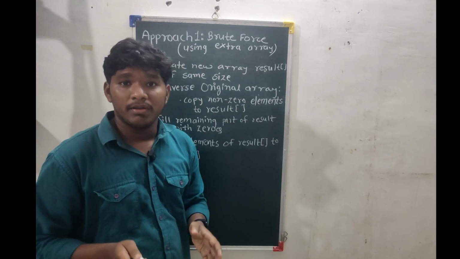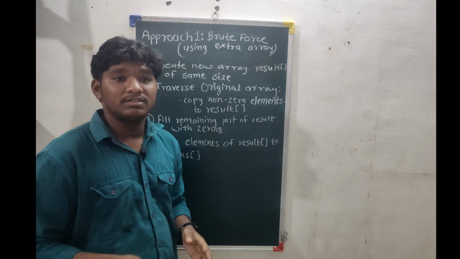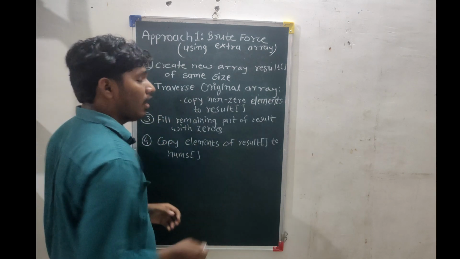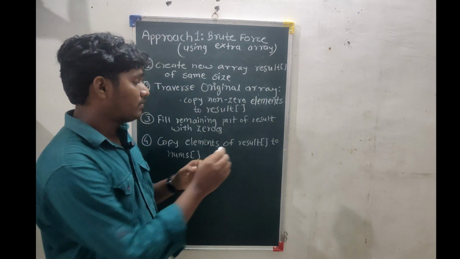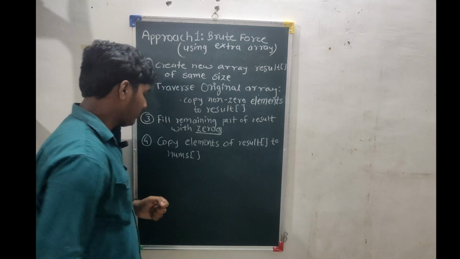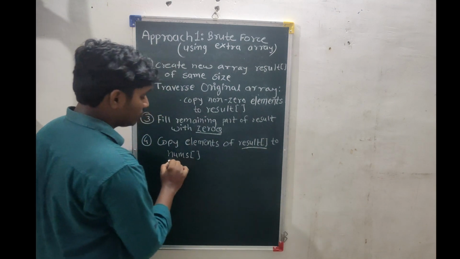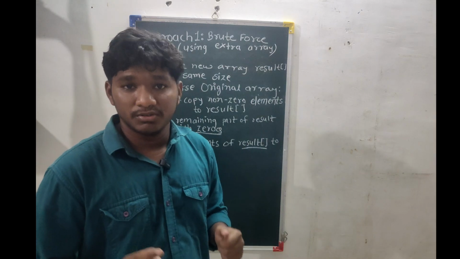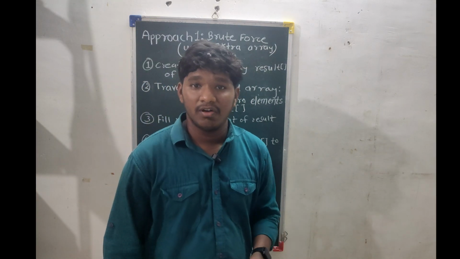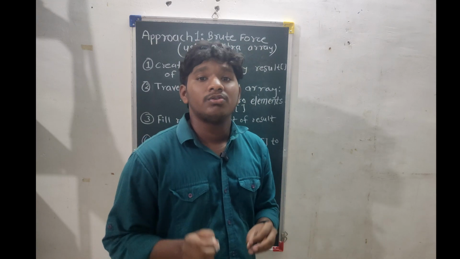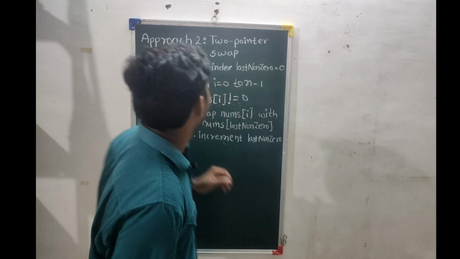For this copying we initialize an index which stores the elements in the result array. After copying all the non-zero elements, we fill the remaining part of the result array with zeros, and lastly we copy all the elements from the result array to the nums array. This approach has time complexity of order n and space complexity of order n due to using an extra array. So let's see approach number 2.